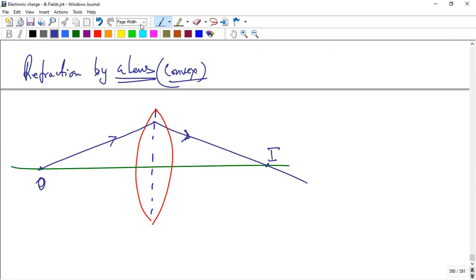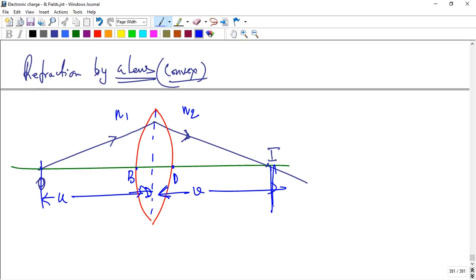Suppose the refractive indices are N1 and N2, with points O, B, D, I. U is the object distance and V is the image distance.